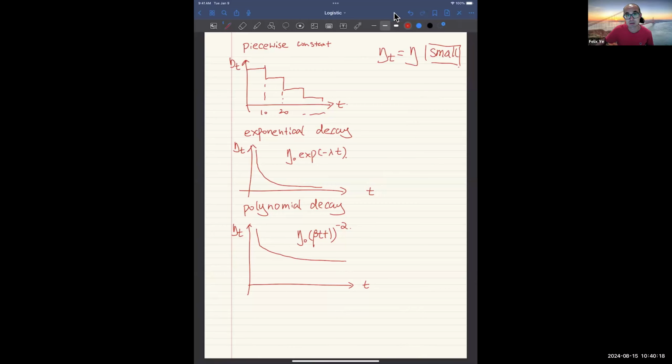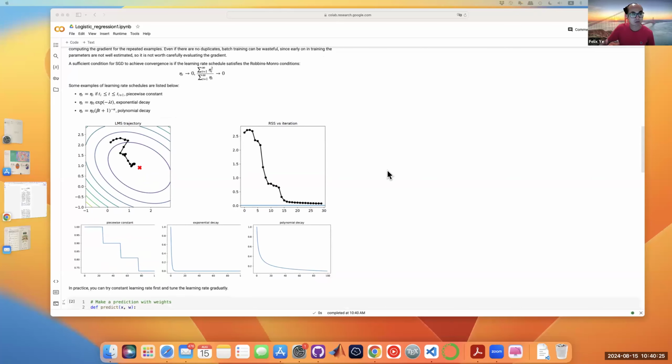So let me show you some plot here. If you're trying to find the local minimum of this function with the corresponding contour, and you're using gradient descent, this will just go smoothly and hit this red dot. If we're using stochastic gradient descent, it turns out it will zigzag and wander around.